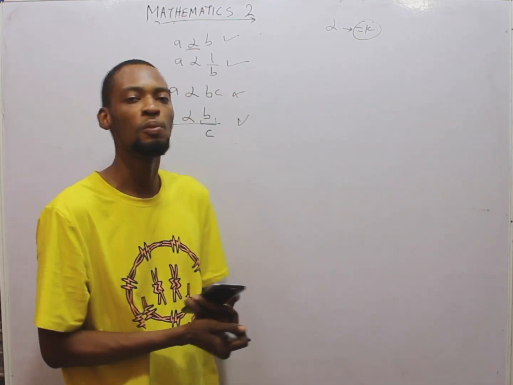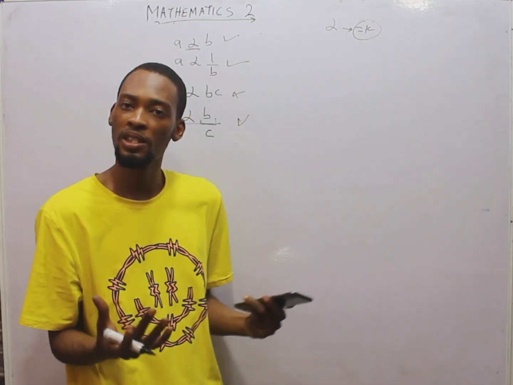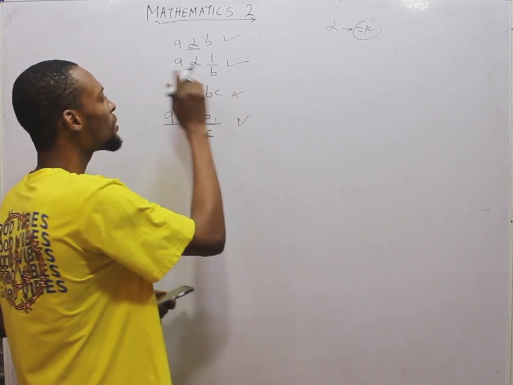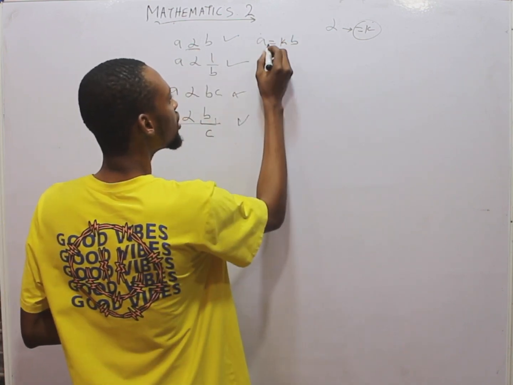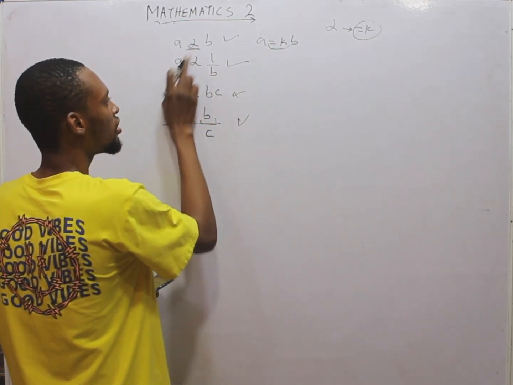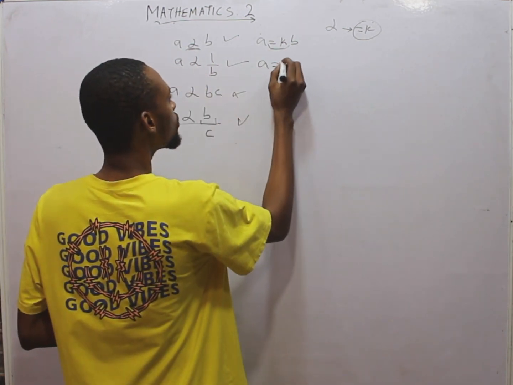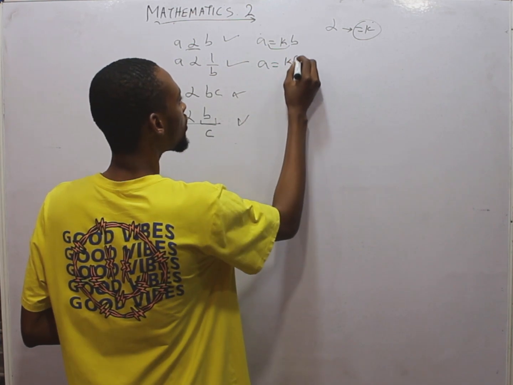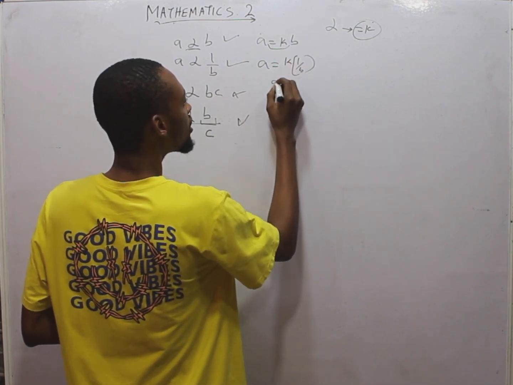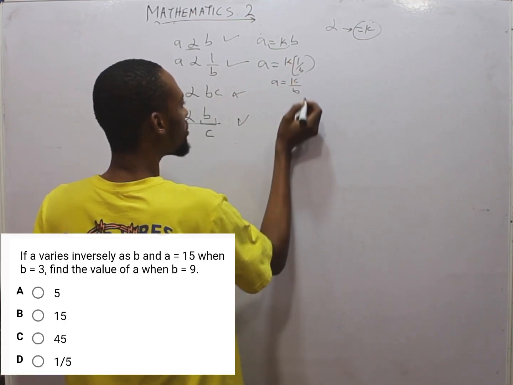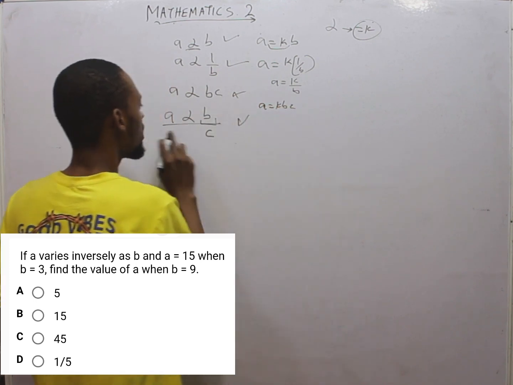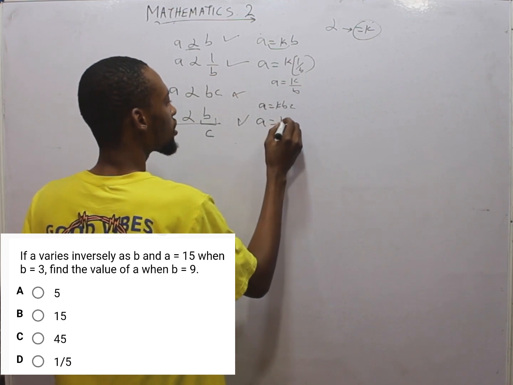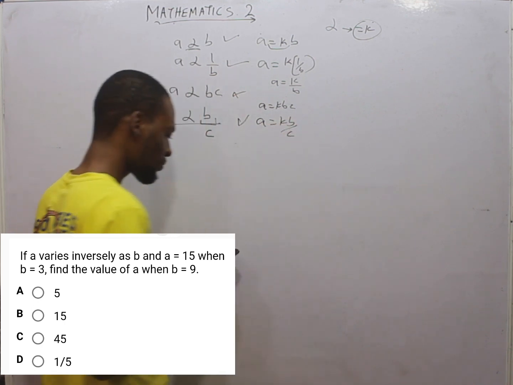But k is popular, so we use k to represent our constant. From here, A is equals kB. From here, A is equals k 1 over B, which is A is equals k over B. Here, A is equals kBC. Here, A is equals kB over C.